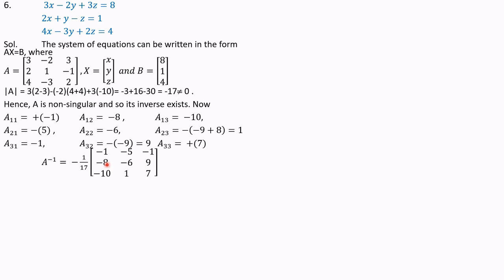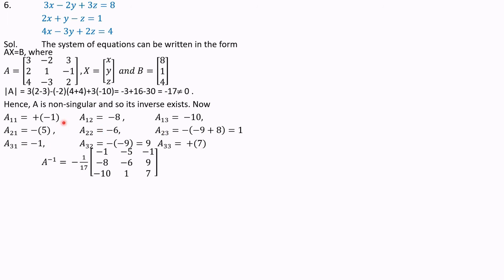Okay, so A inverse, we can write these elements as equals minus 1 by 17 into the matrix minus 1, minus 8, minus 10, minus 5, minus 6 and 1, and minus 1, 9 and 7. These are transposed.